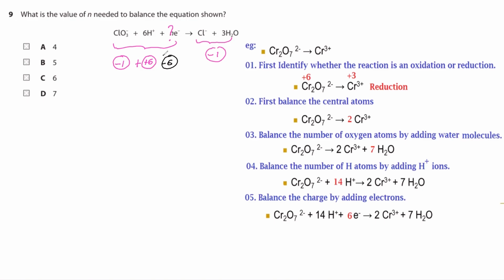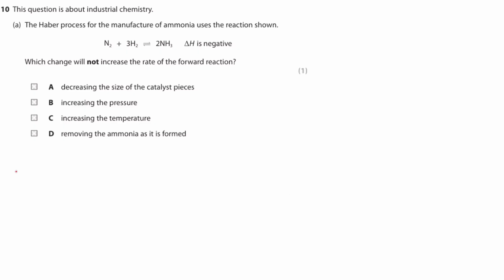So minus 6 and plus 6 cancel out, and then minus 1 and minus 1 are equal. That means the electrons carry minus 6, so N should be 6. That's why my answer is C. In the exam you don't need to perform all these steps. Just performing the final step, balancing the charge, is enough.